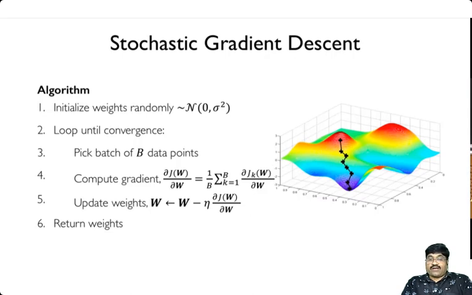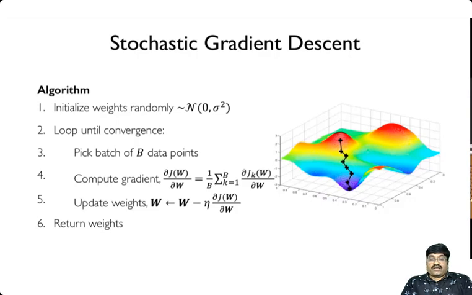Is there some middle ground that we can have in between? That middle ground is actually very simple. Instead of taking one point and instead of taking all of the points, let's take a mini batch of points. So maybe something on the order of 10, 20, 30, 100, depending on how rough or accurate you want that approximation of your gradient to be, and how much you want to trade off speed and computational efficiency.